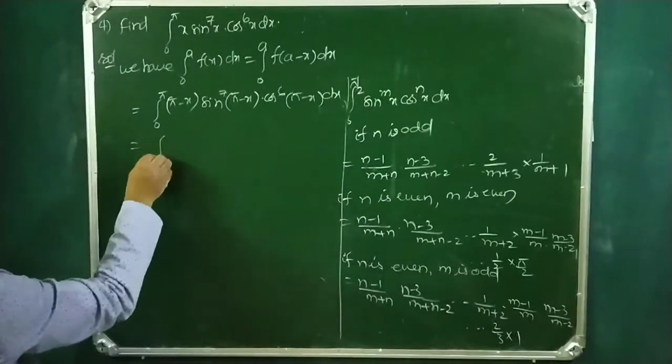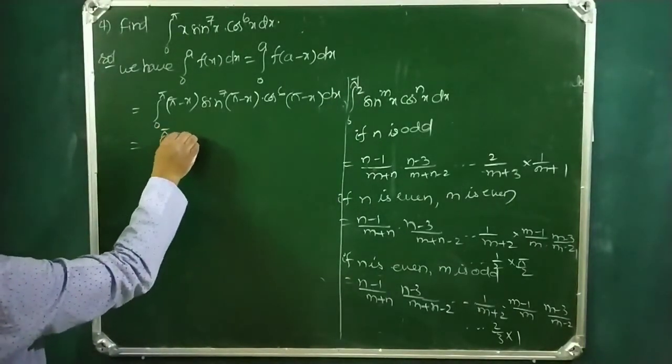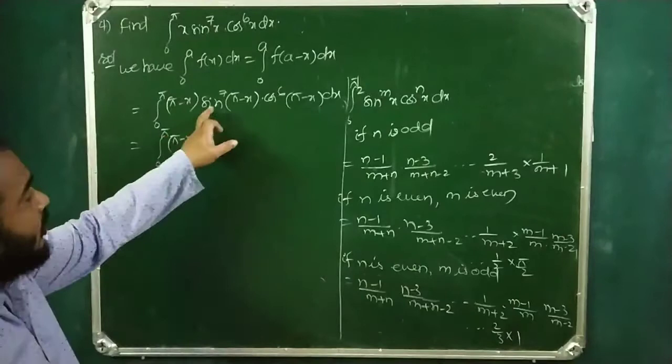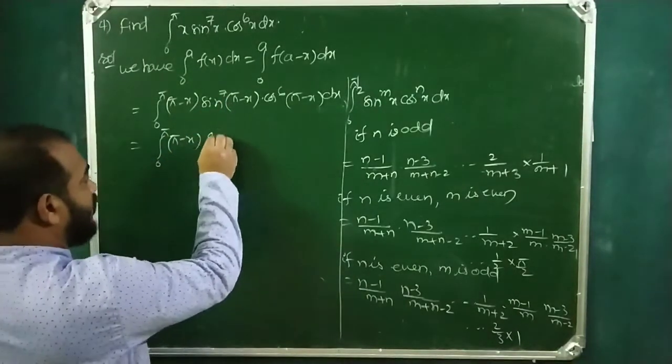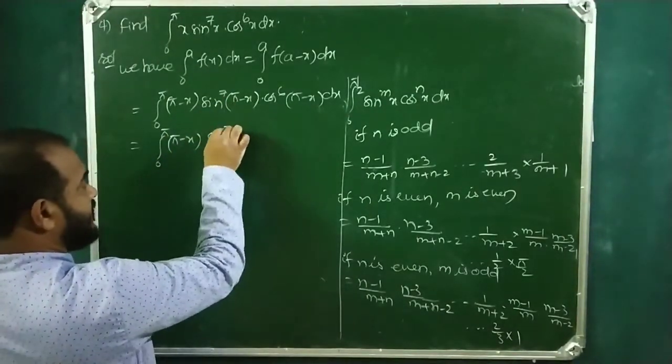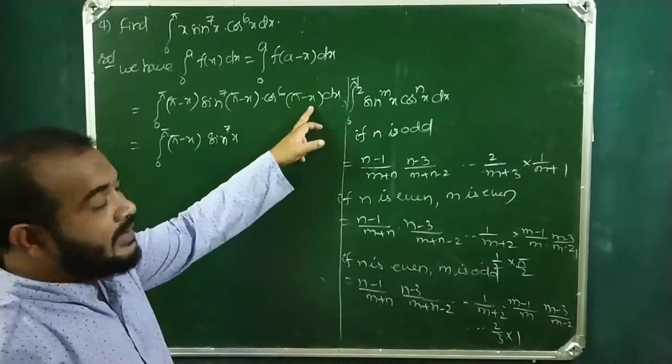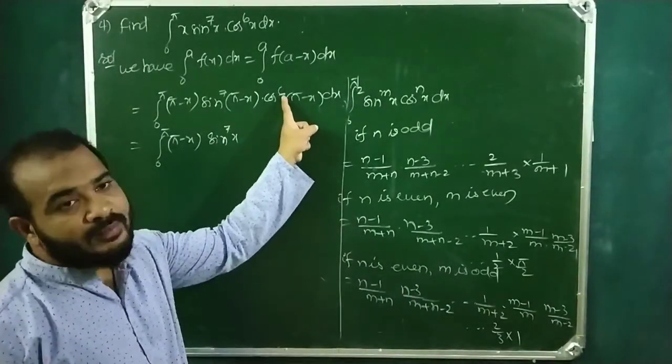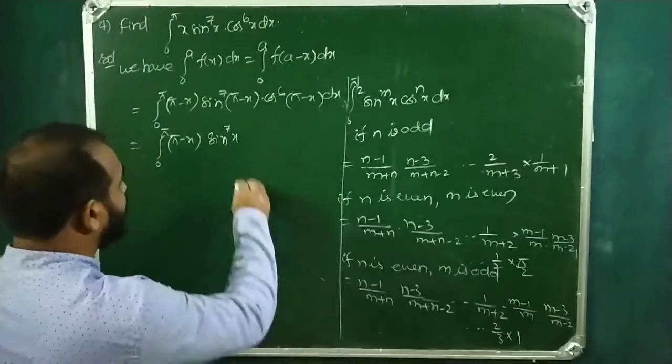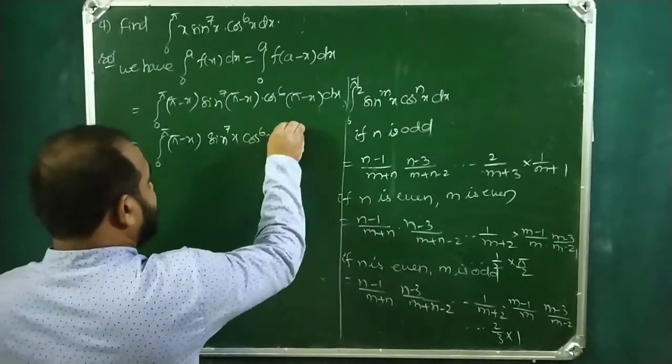So 0 to pi minus x sine 180 minus x whole power 7. So sine power 7x, second quadrant positive, sign is cos 180 minus x is minus cos, but even power makes minus positive. So cos power 6x dx.